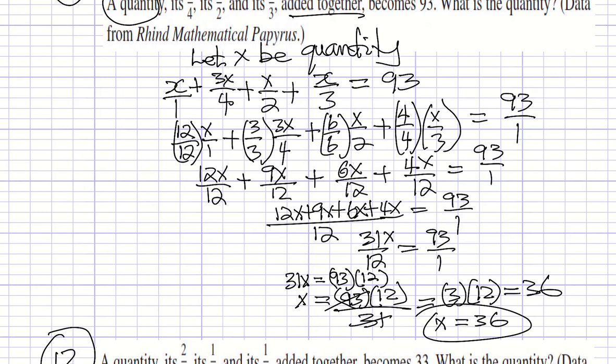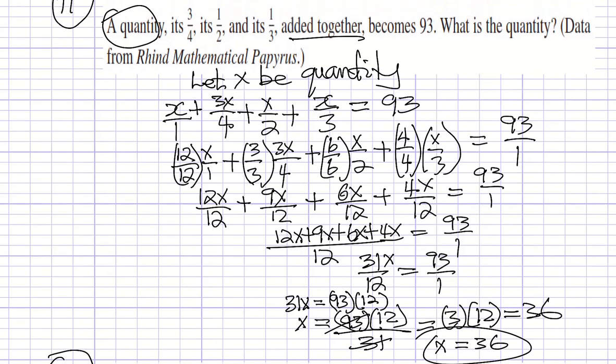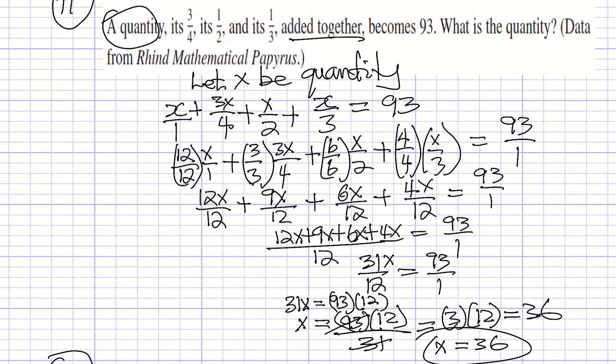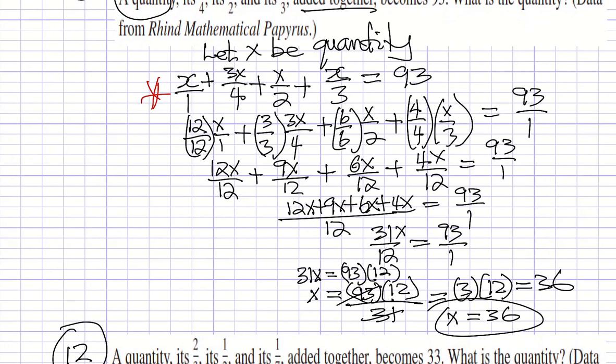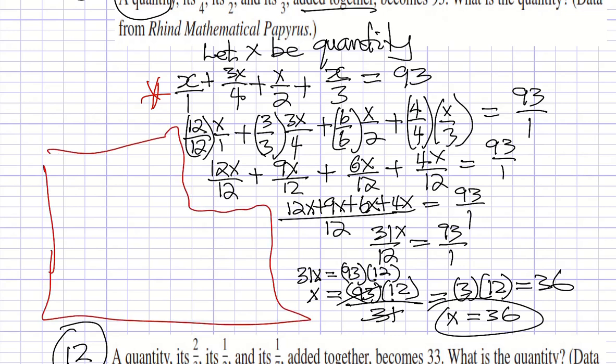We can check that. You can go ahead and check that. If you take 36, you start playing all that game they played there. Let's check it here. Take 36.